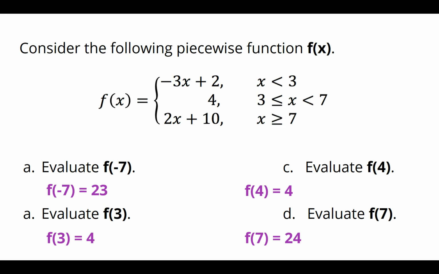You're finding a point on the graph and telling me what piece it's on. If I plugged in 7 and found the y value, well, it's not included here, but it is here. That y value is 24. So you're finding points on a graph, and those points exist on those certain pieces.